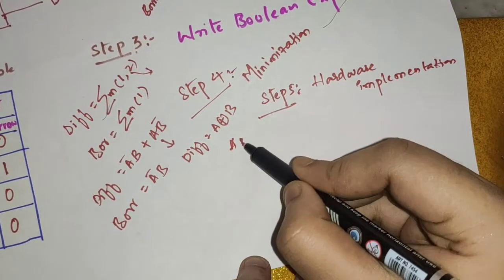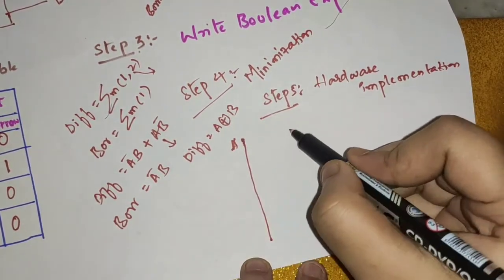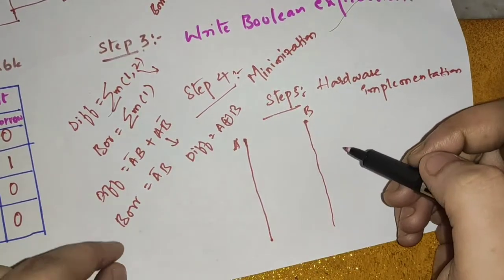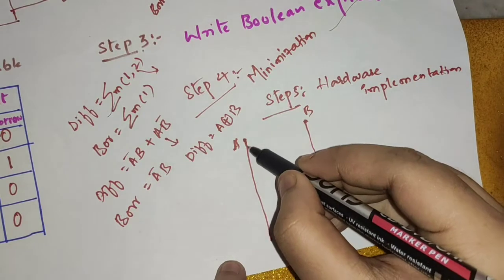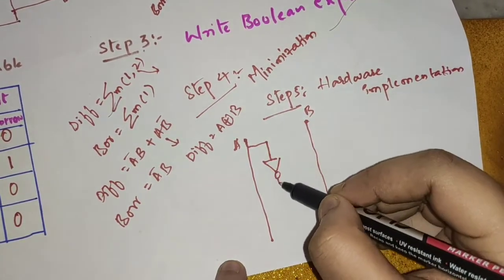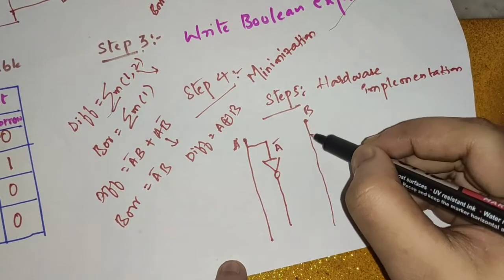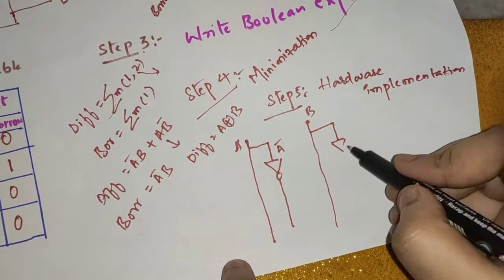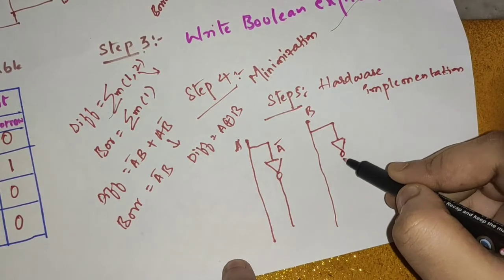Let us say this is A and this is B. As we observe here, borrow has an A bar, right? So construct a NOT gate here, and this will become A bar. Construct a NOT gate here, it will become B bar.